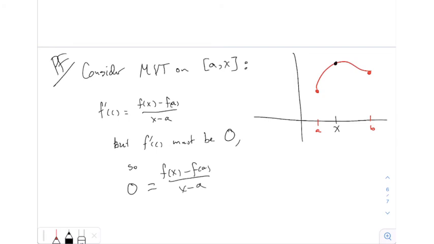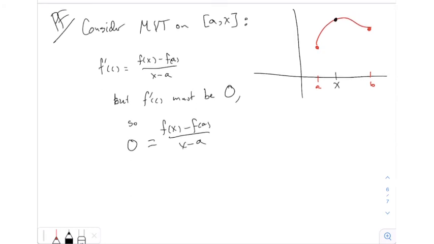You can multiply that denominator onto the other side, and it will stay 0 on the other side. So 0 equals f of x minus f of a. So that means f of x equals f of a, and this is for every x inside the interval a to b, all right?